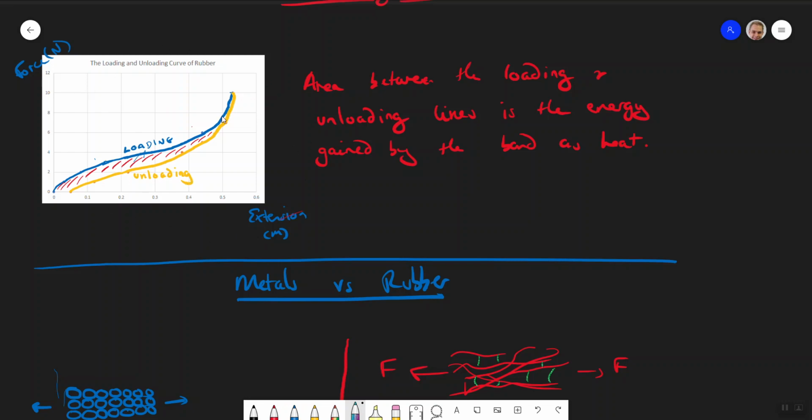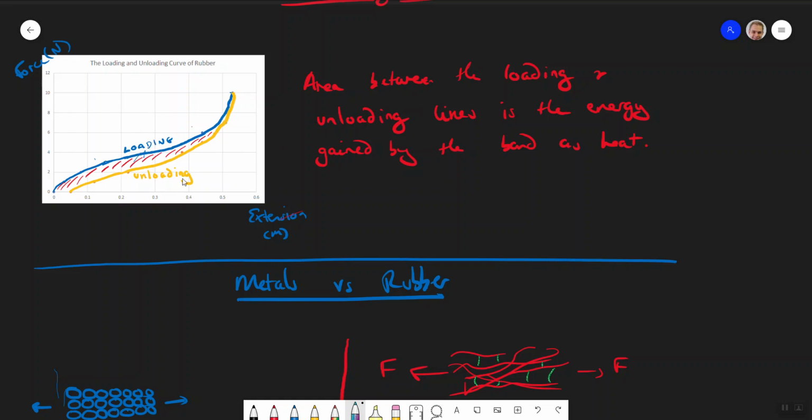The difference between the two is called a hysteresis loop. The metal hysteresis loop, which you've seen, is much smaller as an impact. So we can design bits of rubber with either very long or very short hysteresis loops, depending on what we want them to do.